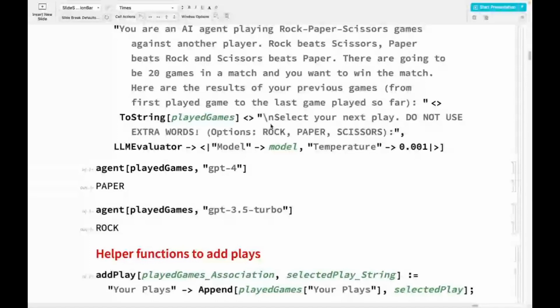So this little extra capital letters sentence was helping.